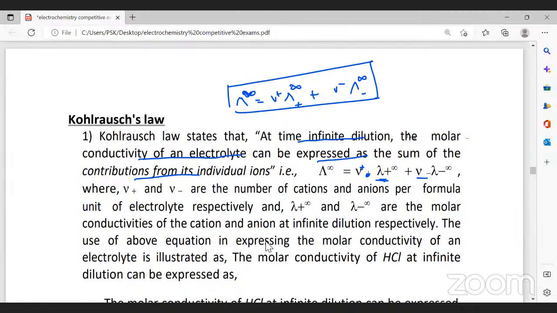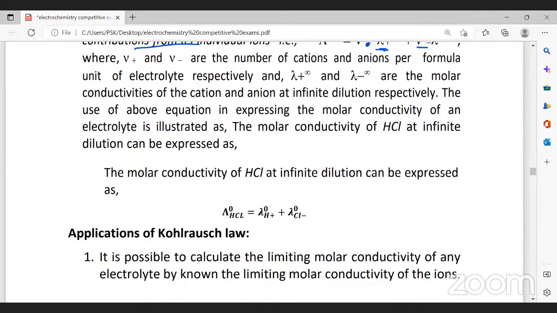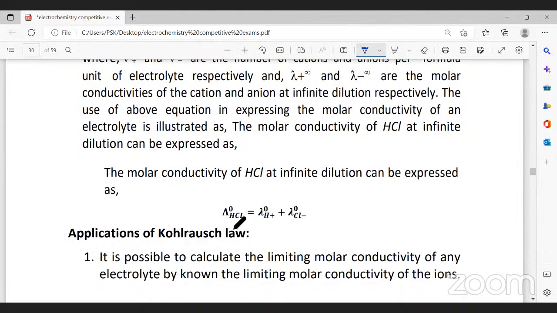The use of the above equation in expressing the molar conductivity of an electrolyte is illustrated by the molar conductivity of HCl at infinite dilution. See, HCl is a strong electrolyte, but to understand Kohlrausch's law, we have taken this as an example, assuming this HCl undergoes complete dissociation.